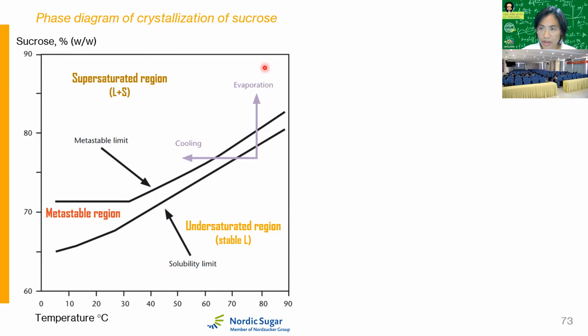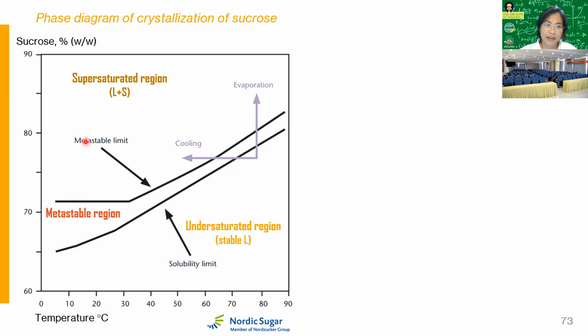If you go up that way, it is evaporation because you increase the concentration. The metastable region is the region here, after the solubility limits. The solubility limit depends on the temperature of the solution. At higher temperature, you have higher concentration before it gets saturated.